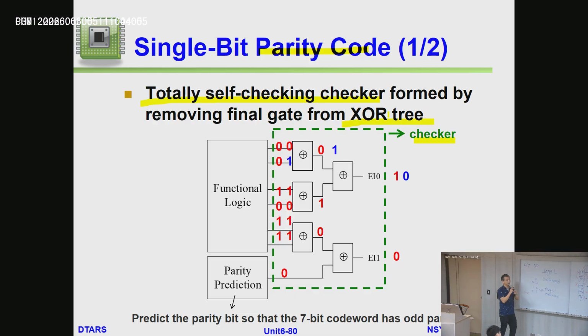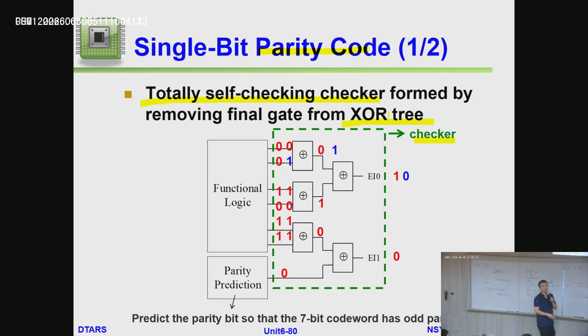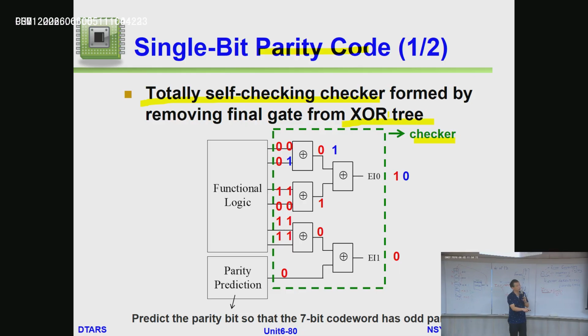So we can use this legal or illegal to check the format to make sure if there are any faults inside the checker. We will determine if your functional logic is correct or not by first checking the format of your output code word to see if it's legal or illegal.